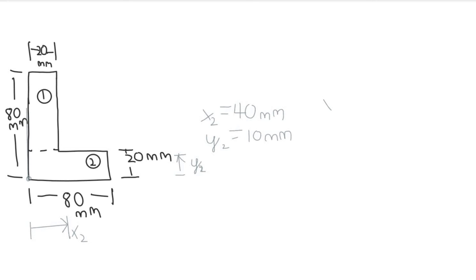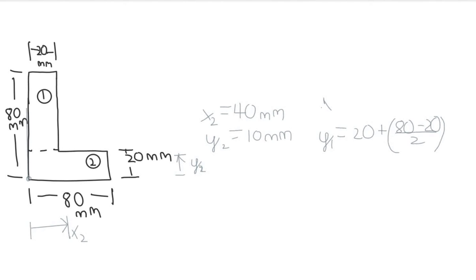So y bar 1 equals 20 plus 80 minus 20 divided by 2.